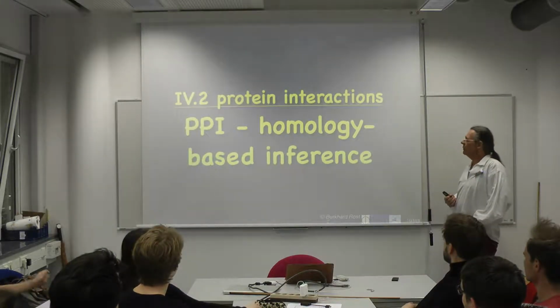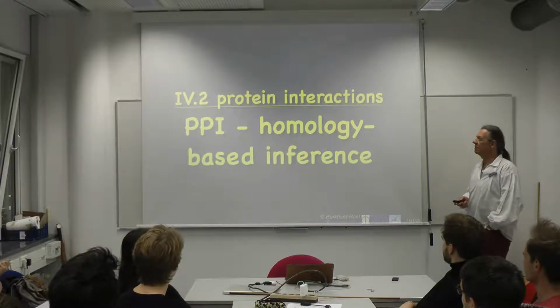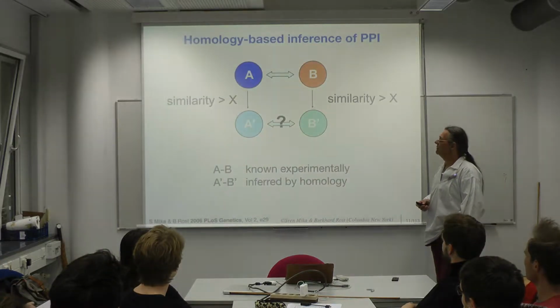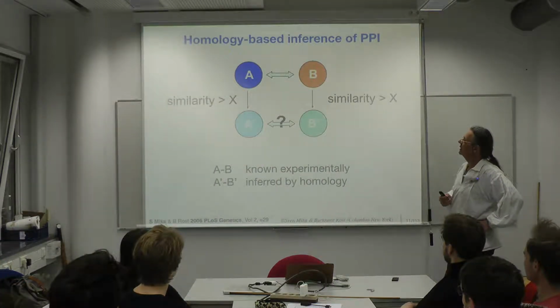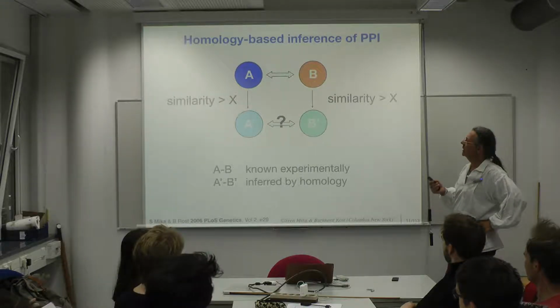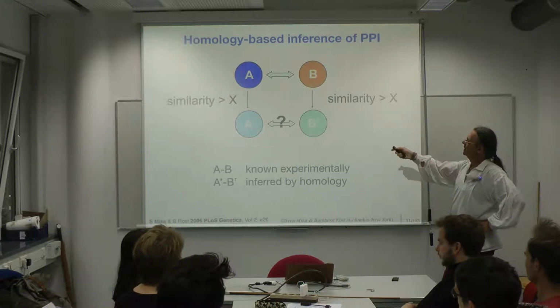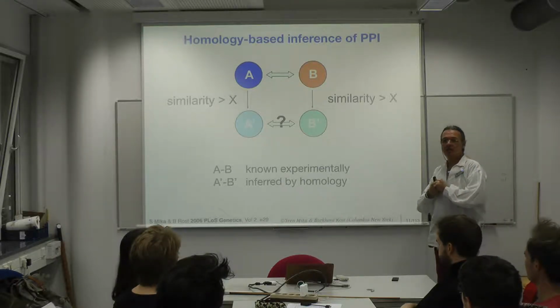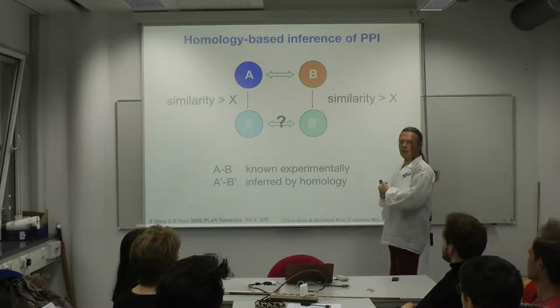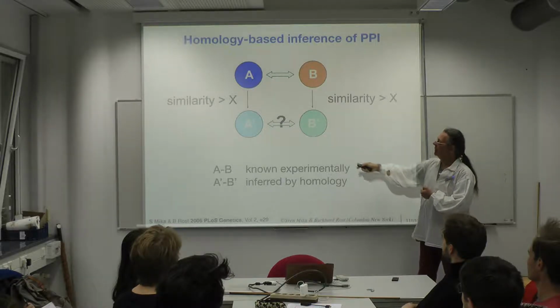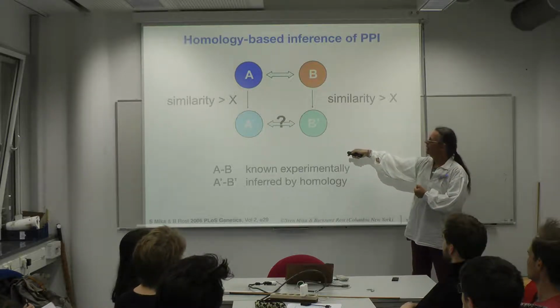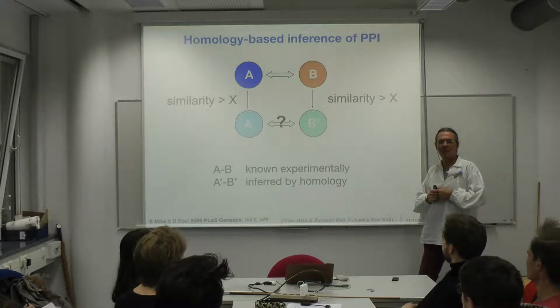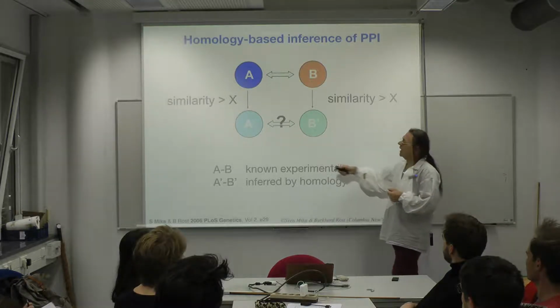So the simplest way in which we can infer that two proteins bind is simply by homology-based inference. So it's the story that I showed you before for localization and many other examples. So assume we have protein A and B, and we know experimentally that they interact. Assume further that we have another pair, A prime and B prime, and they have some similarity.